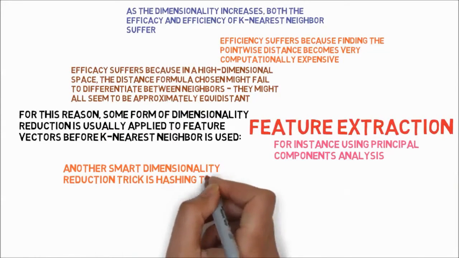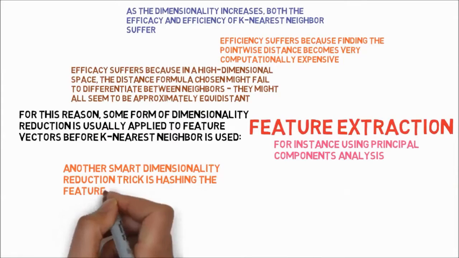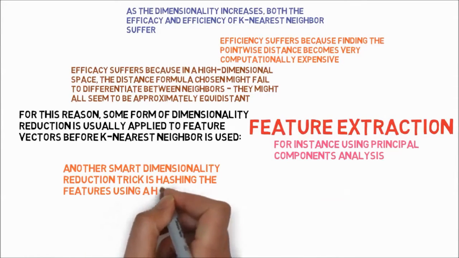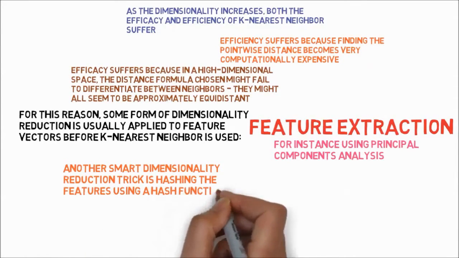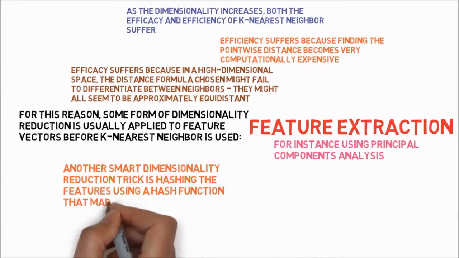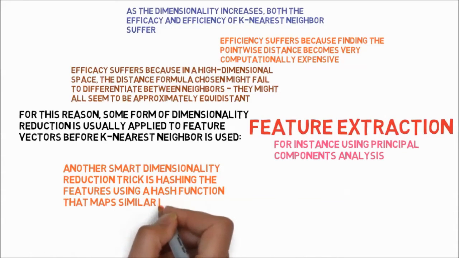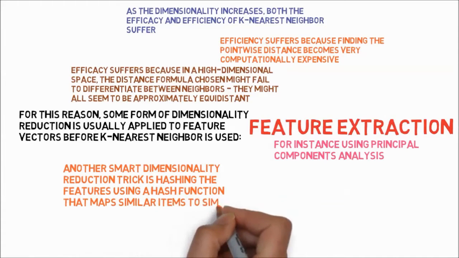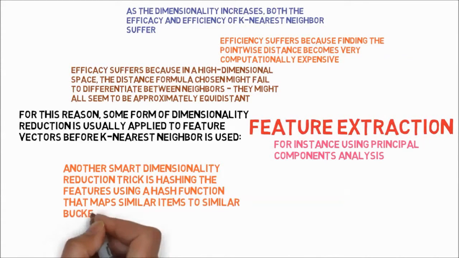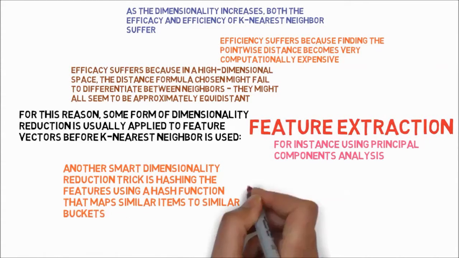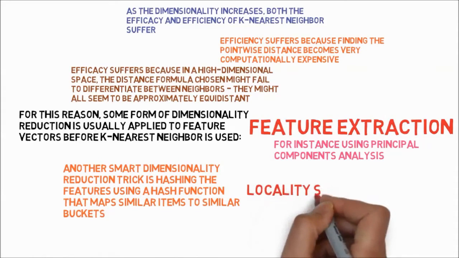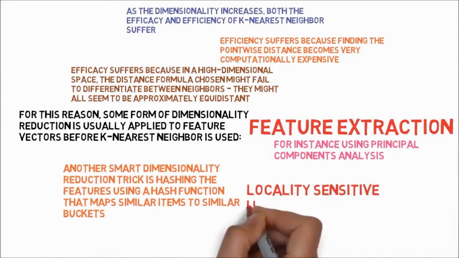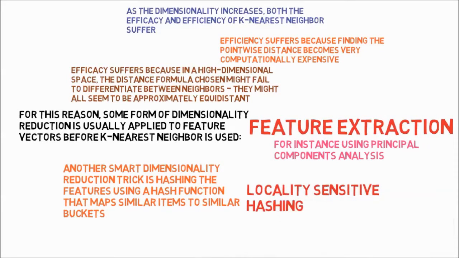So we could use a hash function to map similar items to similar buckets. Hashing is really useful because it can map these items to a lower dimensional space without losing any information about the individual points. One way to do this is locality sensitive hashing, which basically treats points which are nearby each other as similar.